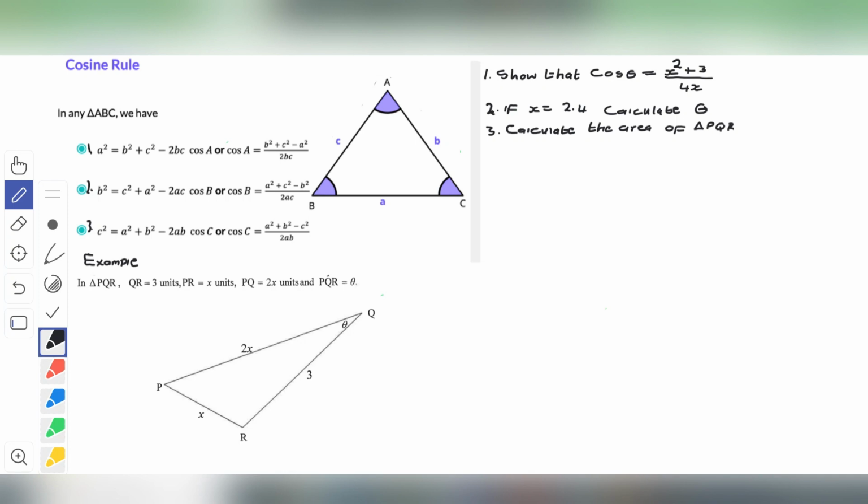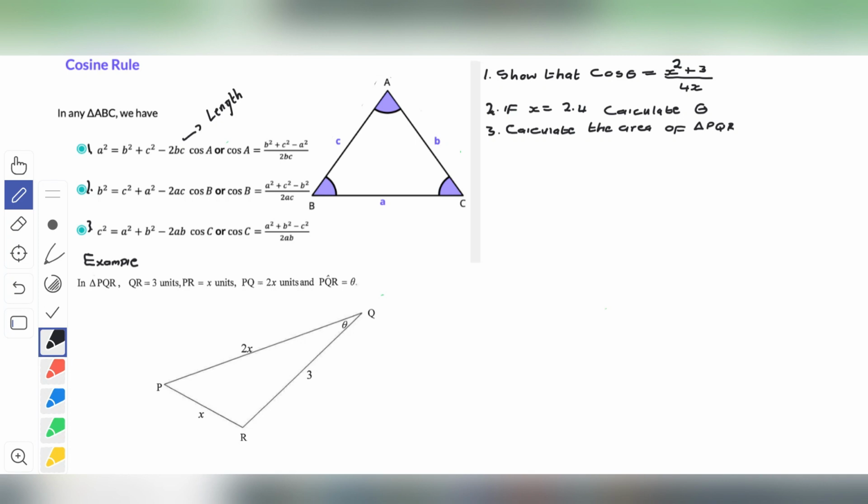So when do we use this formula of a squared is equals to b squared plus c squared minus 2bc cosine of a? We use this formula whenever we are calculating the length, right? So whenever you need to calculate a length, you are going to use this formula.